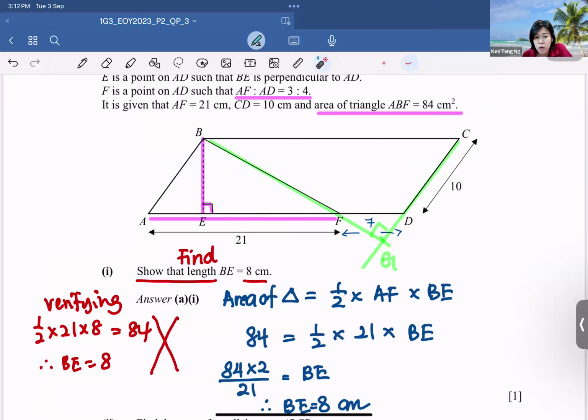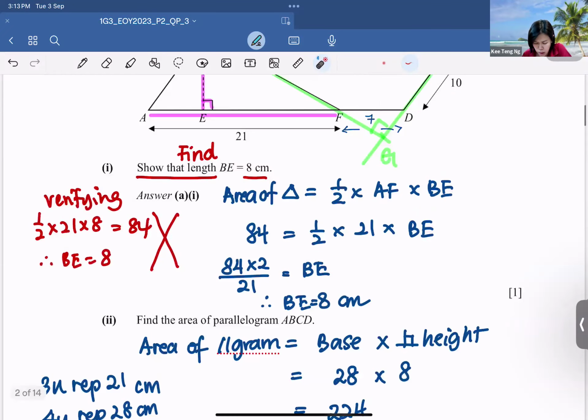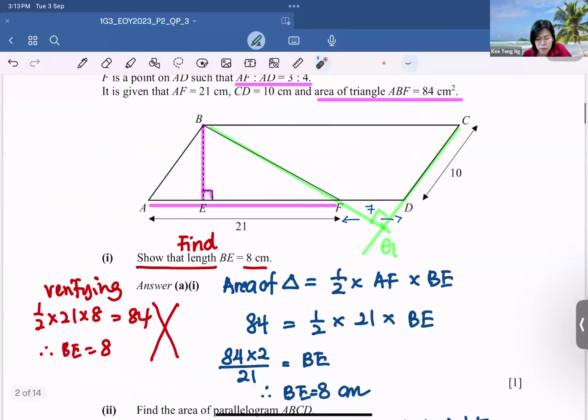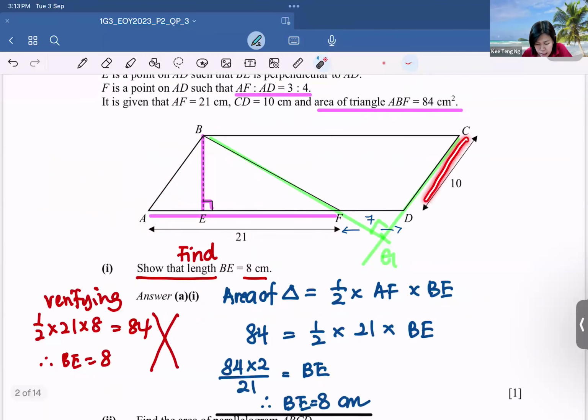For the area of a parallelogram, I already found it in part 2: 224. Area of a parallelogram is base times its perpendicular height. Even though this perpendicular height is out of the diagram, it is still perpendicular to the whole base, so the base will only be 10.